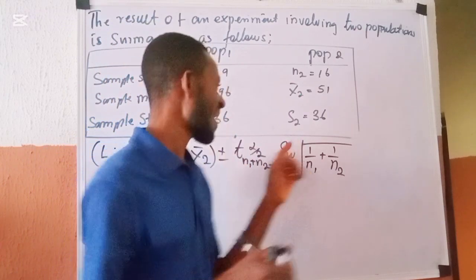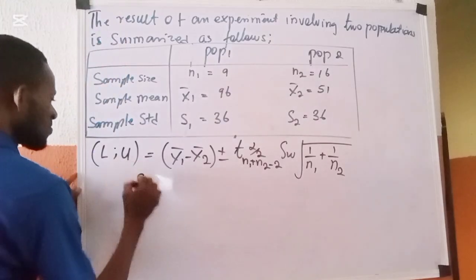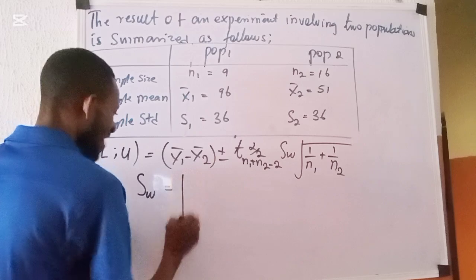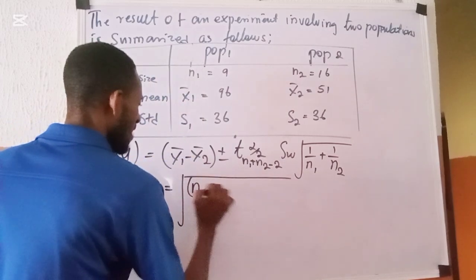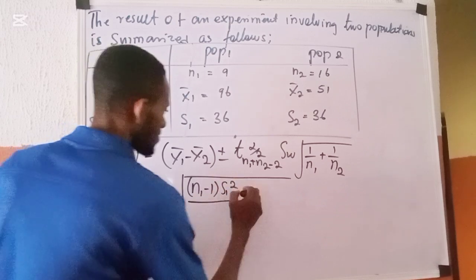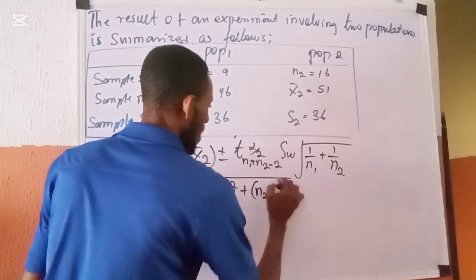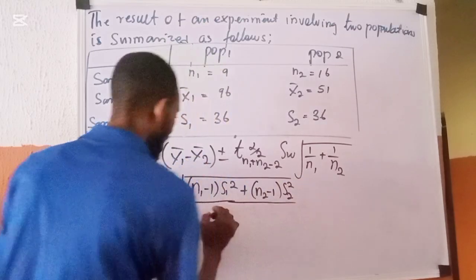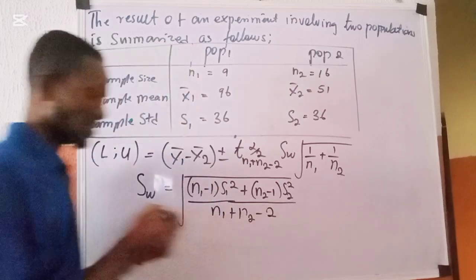And you remember that I gave you a formula for S_w, where we say S_w is given as the square root of, you open a bracket, n1 minus 1, S1 all squared, plus, you open a bracket, n2 minus 1, S2 all squared, all over n1 plus n2 minus 2.